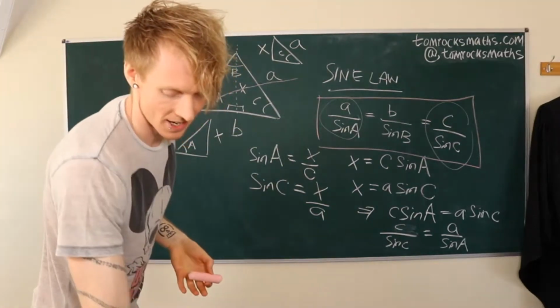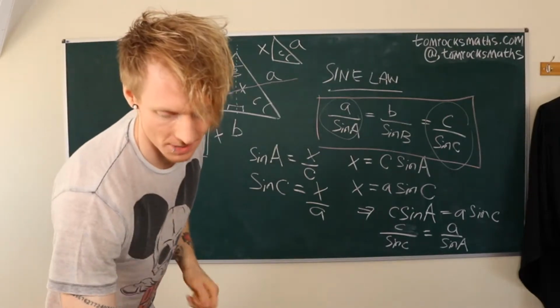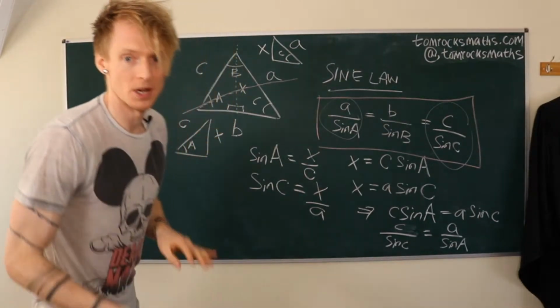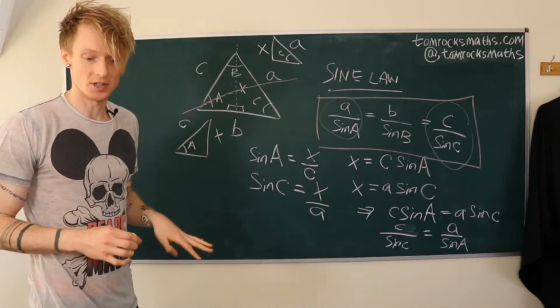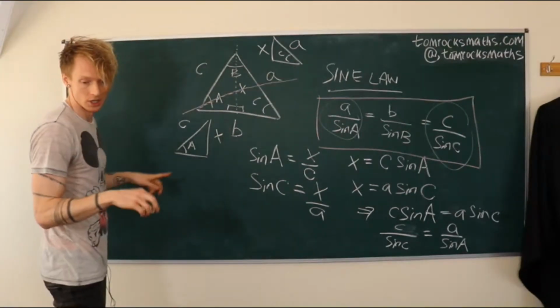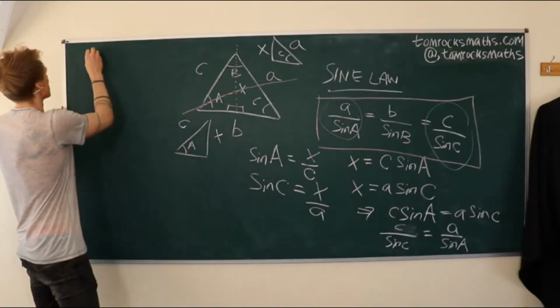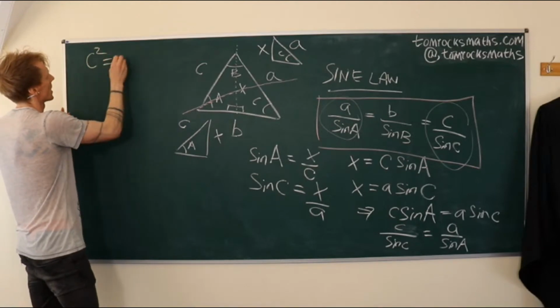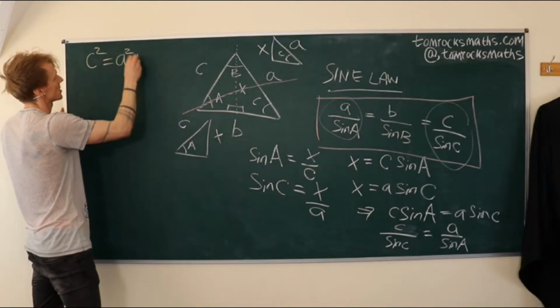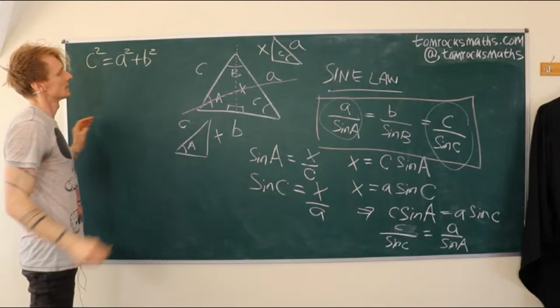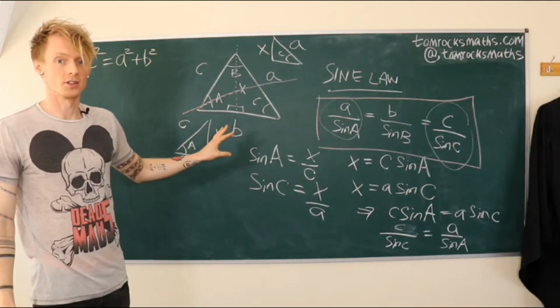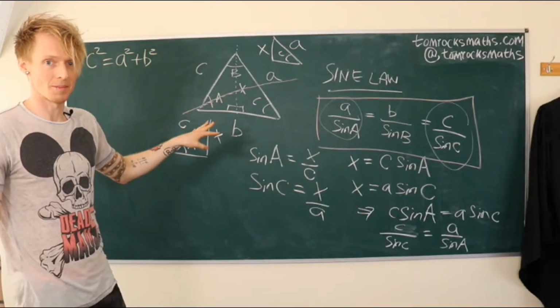All right, and then the other one that MJ mentioned, I'm not going to do a derivation, but MJ did ask about the cosine law. So the cosine law is the same triangle, but now it tells me that c squared is a squared plus b squared. Now it isn't a right angled triangle, so Pythagoras doesn't apply.